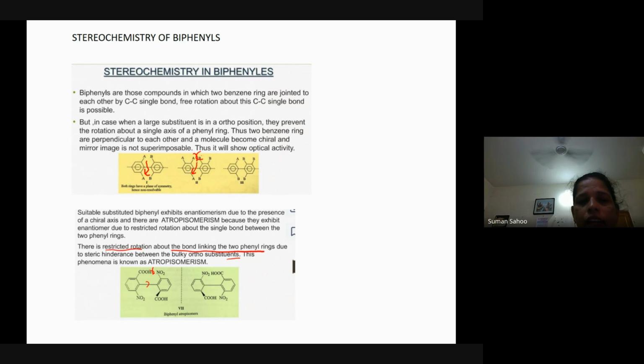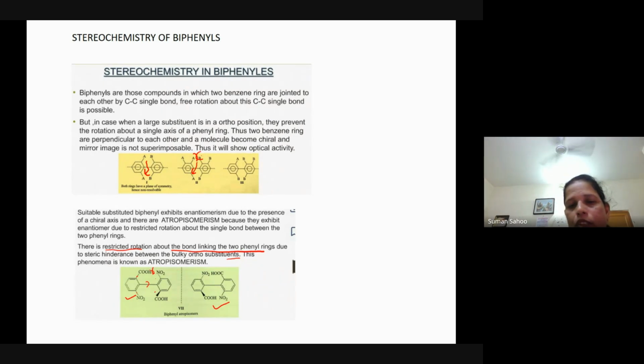But when they have bulkier groups at the ortho positions, there is difficulty in rotation. So this enantiomer cannot be rotated to give this enantiomer. Once this is formed, you cannot go back to the other isomer, so they can be resolved. This type of isomerism is known as atropisomerism, and these isomers are known as atropisomers.